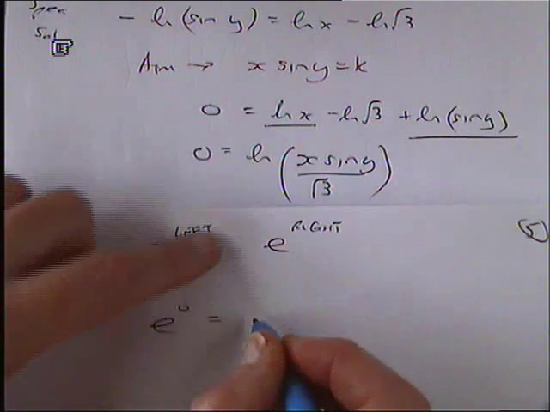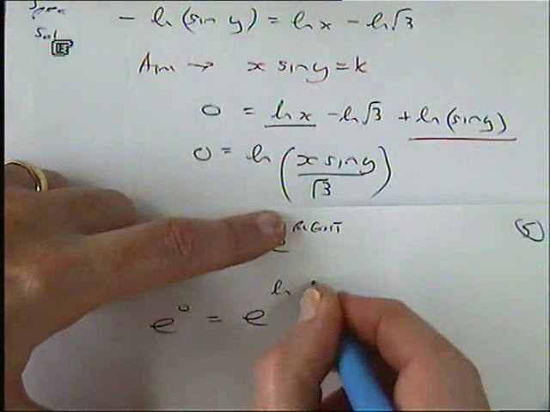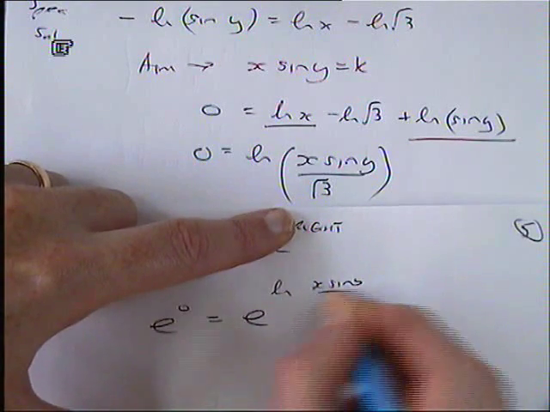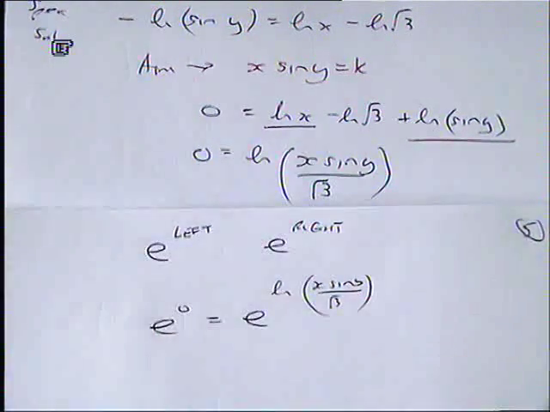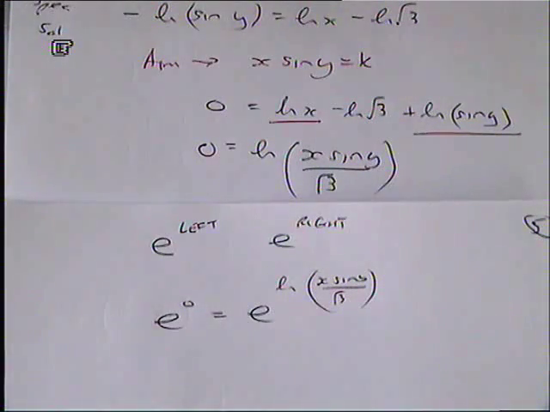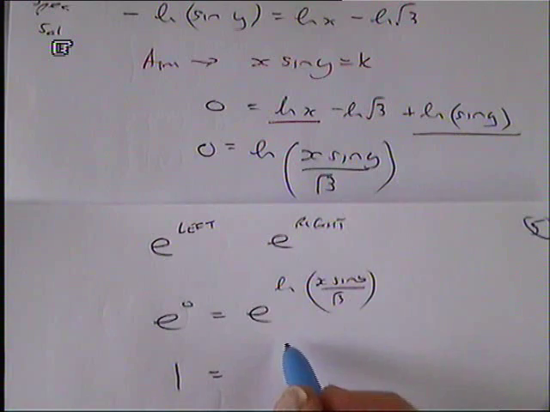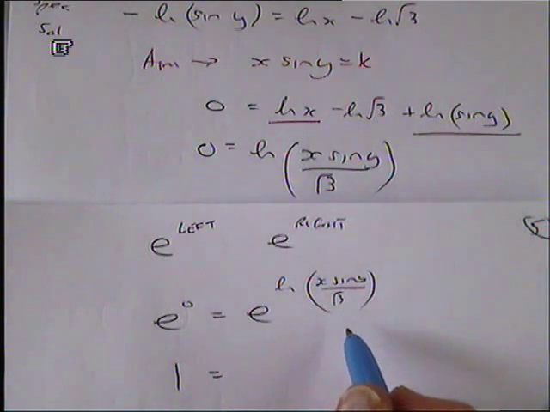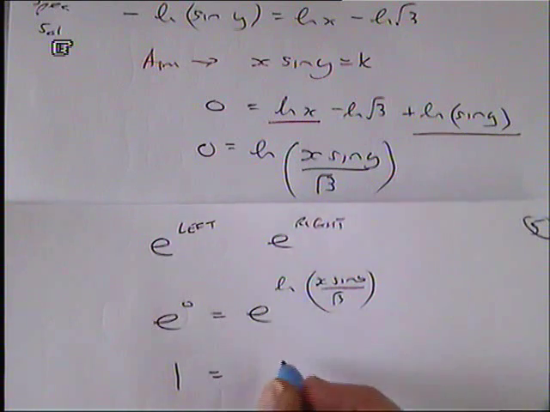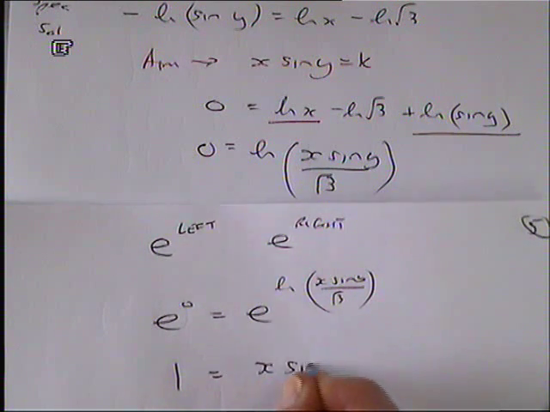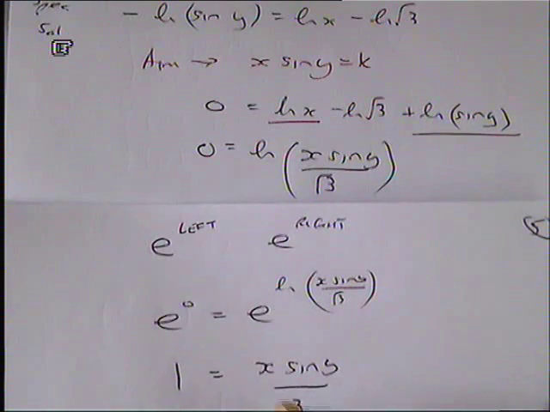On the right hand side I'll have E to the log of x sine y over root 3. What is E to the 0? 1. What happens over here? E and ln cancel. And you are left then with x sine y over root 3.